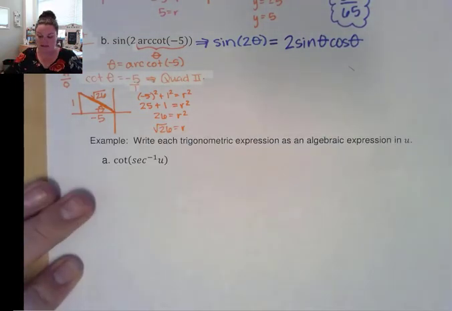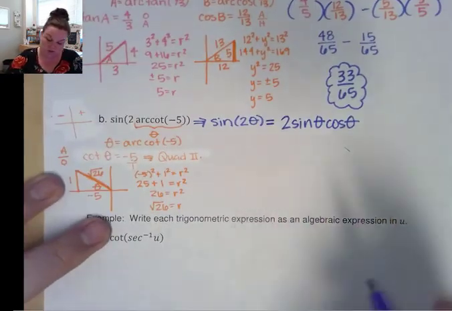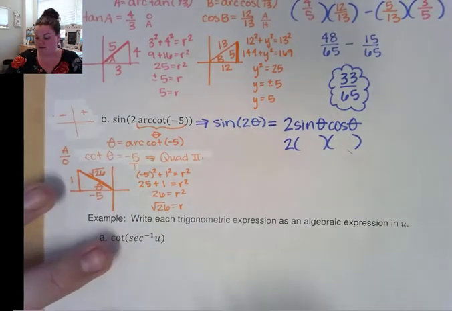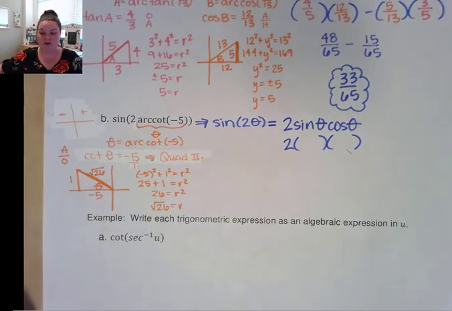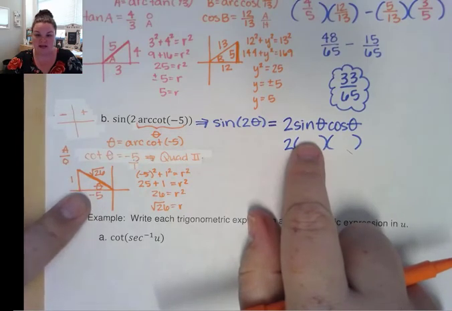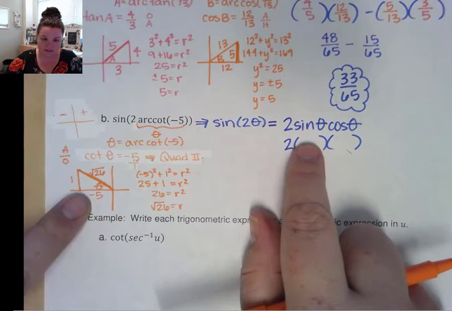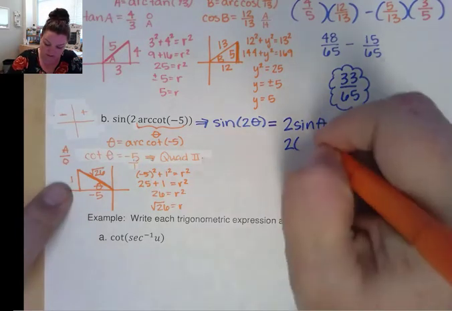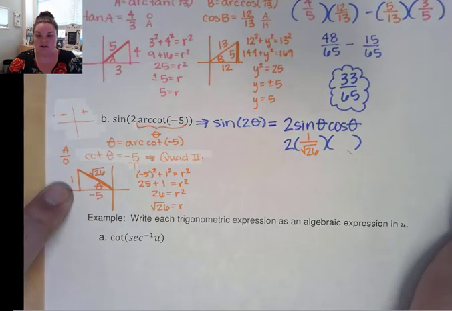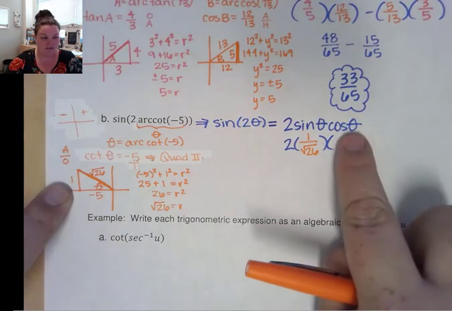So now that we have that identity, all we have to do is fill in these values. So it's going to be 2 times whatever that is times whatever that is, right? We just need to fill in what those values are. Sine of this theta angle is opposite over hypotenuse. So opposite is 1 over the hypotenuse, which is square root of 26. And then we need to do our cosine value.